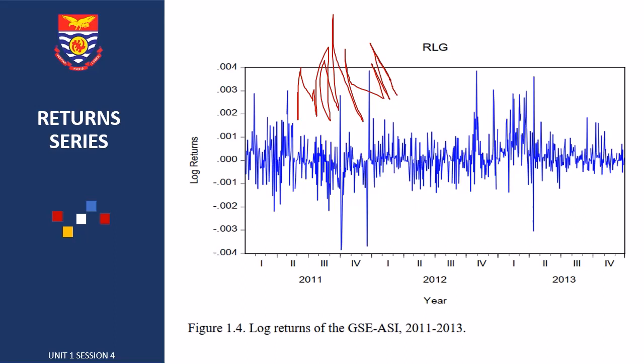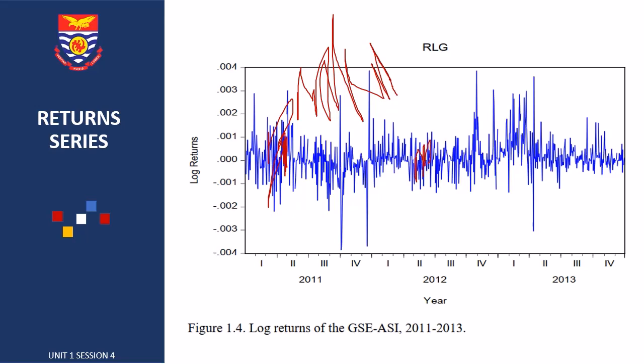Yet the log returns have this property of clustering, as we said earlier. So we term this clustering. When we earlier spoke about volatility clustering, this is what we mean by the return series possessing volatility clustering.